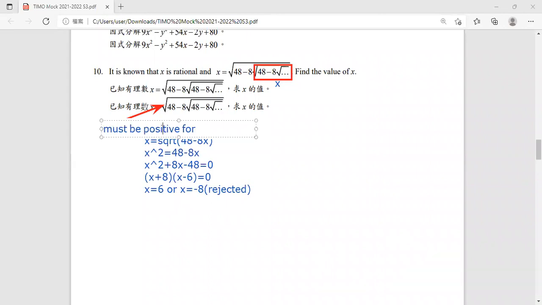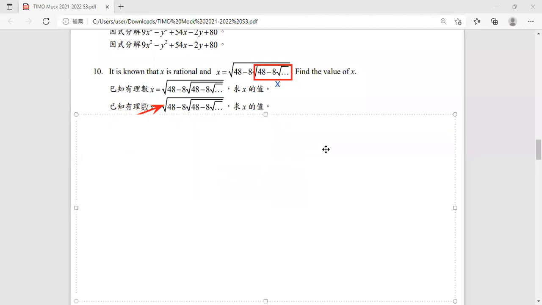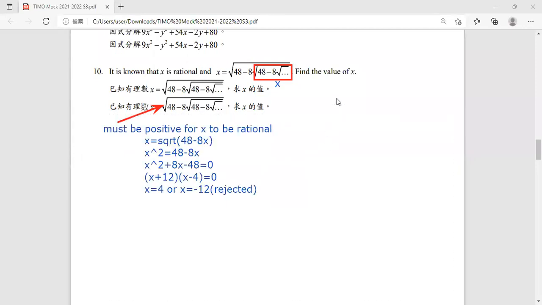My bad. Yes, x must be positive, so x is equal to 6. But you know the method, and that is okay.